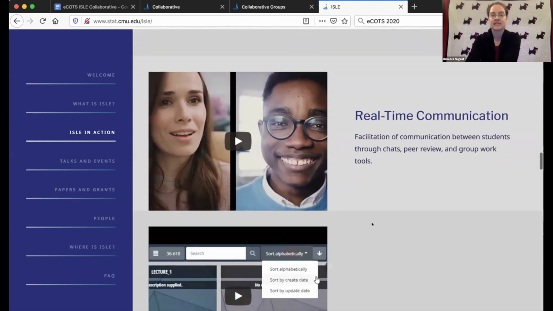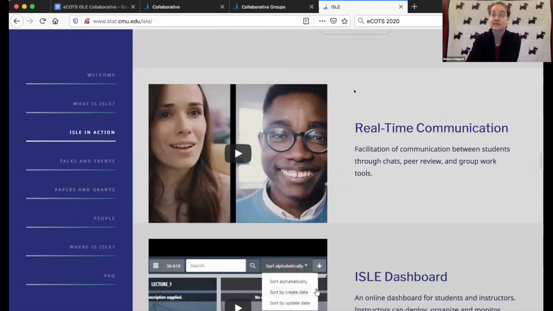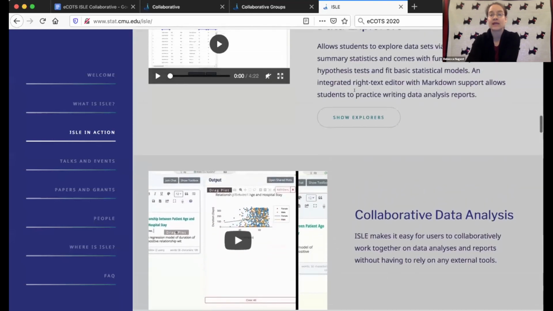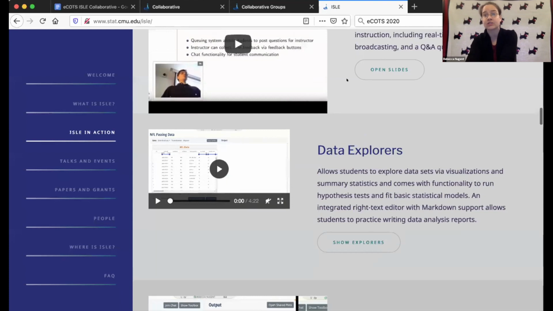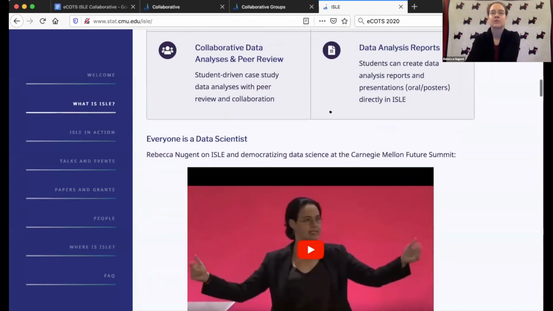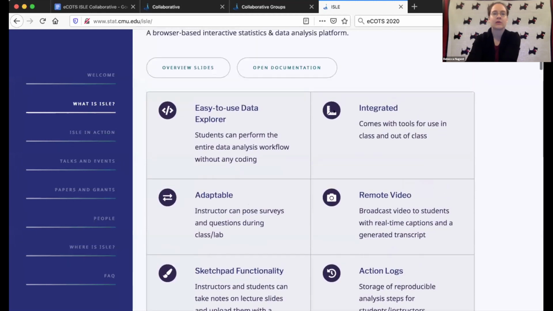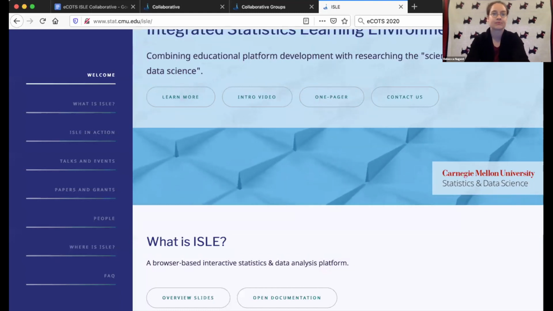All of these things exist, but it's fully integrated so that people can do chats, they can share materials, students can write annotations on lecture slides while instructors are giving those lecture slides. It's really fun, and because it's fully integrated, what we've been able to do is learn about how people are doing a data analysis and doing statistics. So let me go back to my slides.